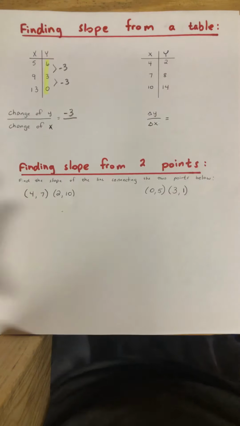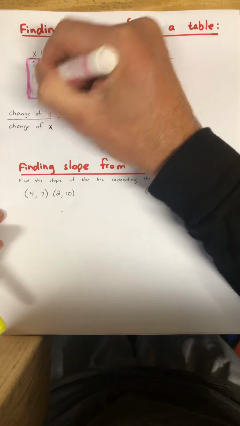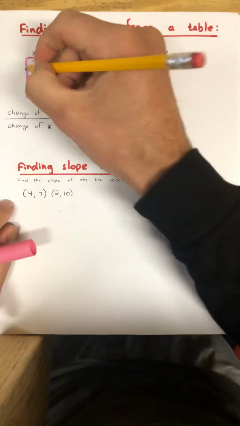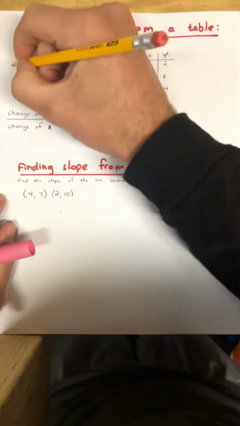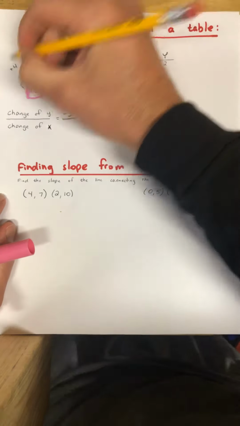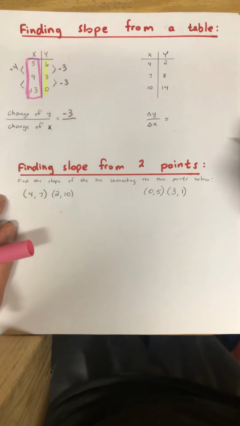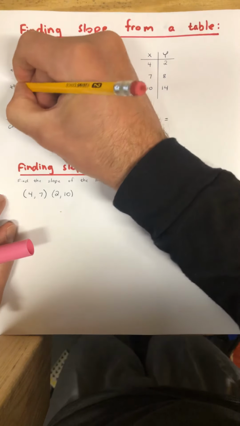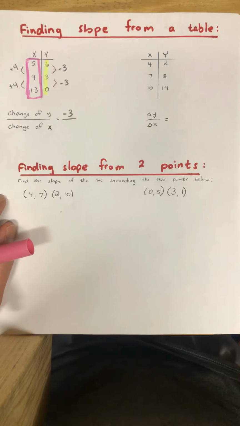Now we need to look at our x values, 5, 9, and 13. Those can also be called inputs. From 5 to 9, we are increasing by 4, or plus 4. From 9 to 13, again, we are increasing by 4. And so our change of x is positive 4.